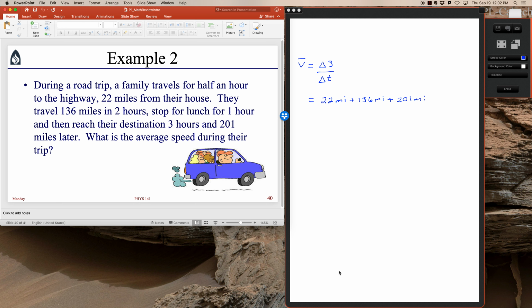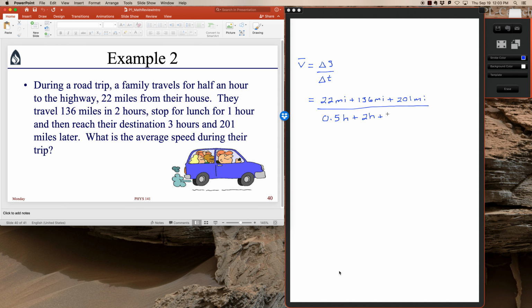Then we need to divide all of that by the amount of time it took to accomplish this journey. So first they traveled for half an hour. So 0.5 hours. Then they traveled for 2 hours. Then they took a 1 hour stop for lunch. That gets included too.